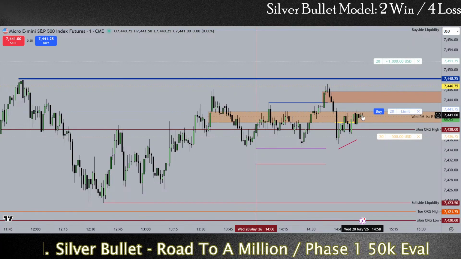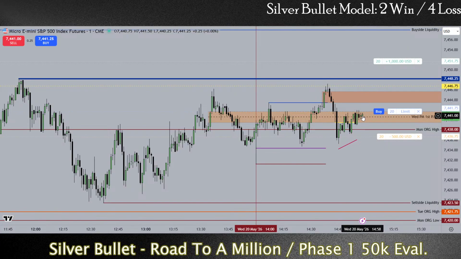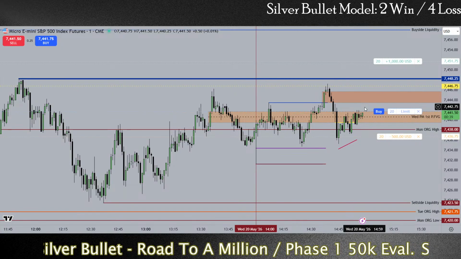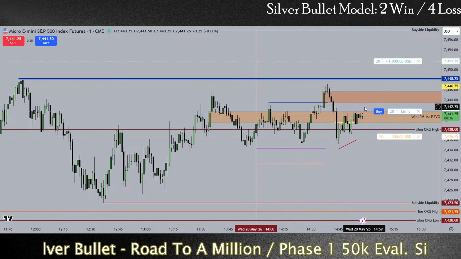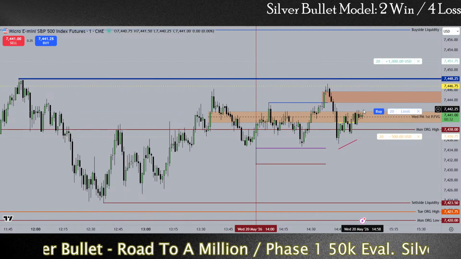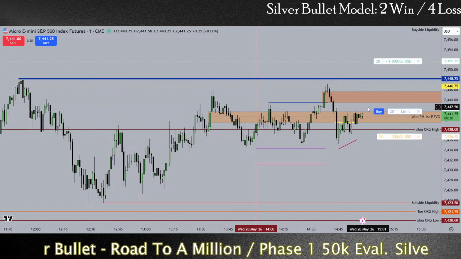It still has 2 minutes left. I don't know if it will do it in this candle, then I could have a decision to make whether I want to enter on it or not.